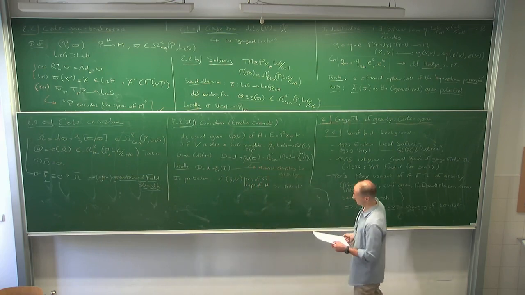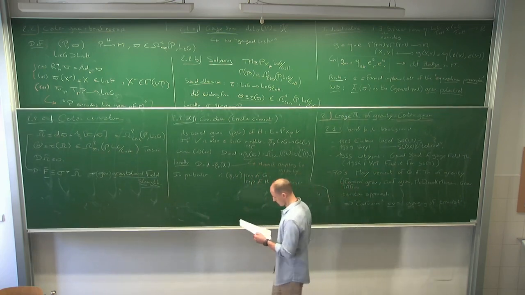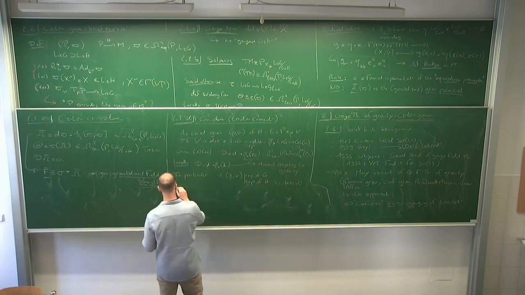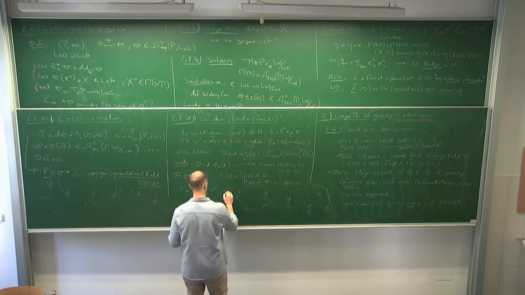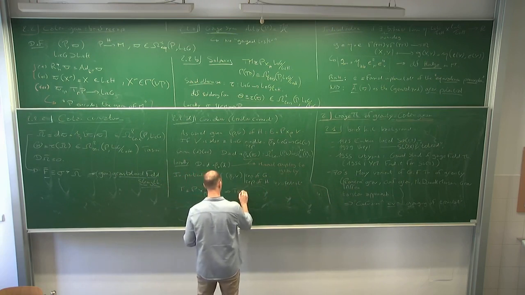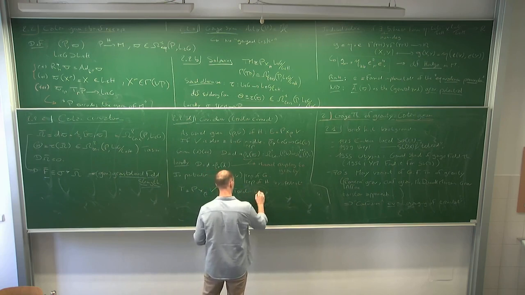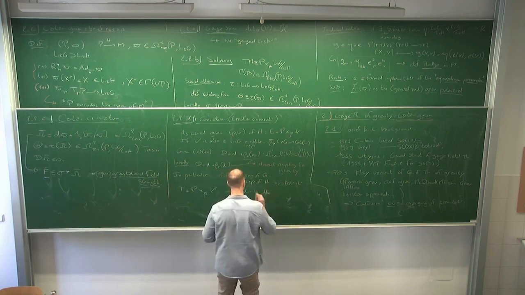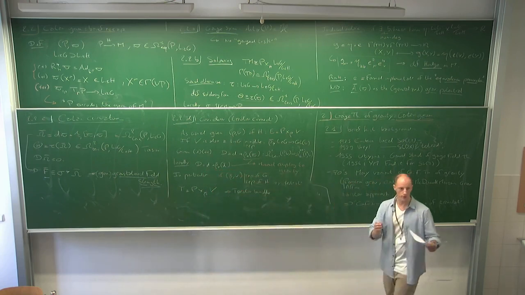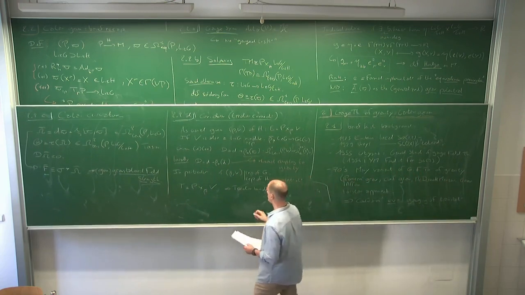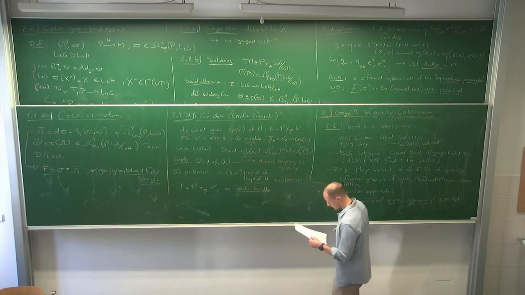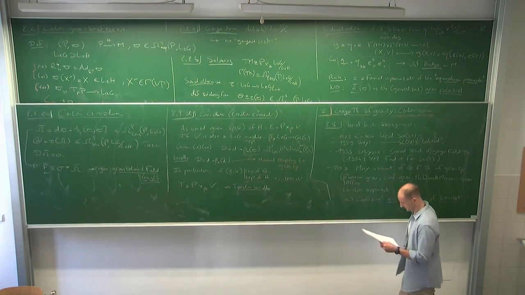In general, you will call the associated bundle P times_H V the tractor bundle. I think this is a general definition given in the book by Jan and Andy. So it's a case of associated bundle.